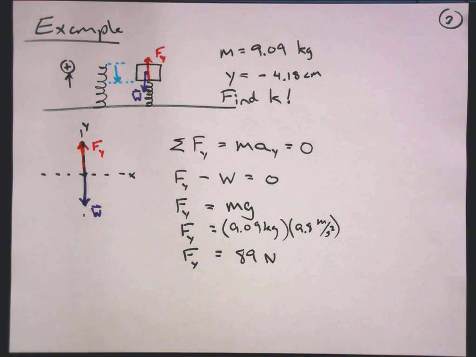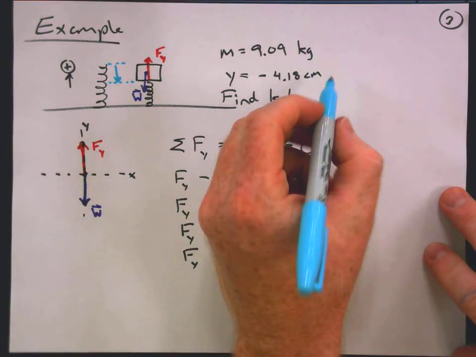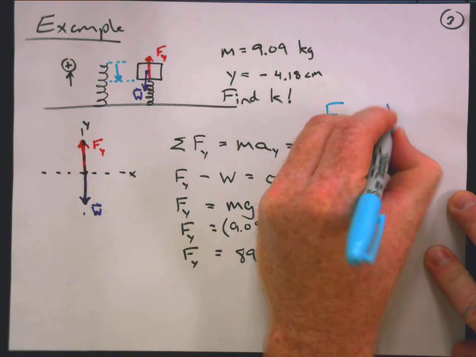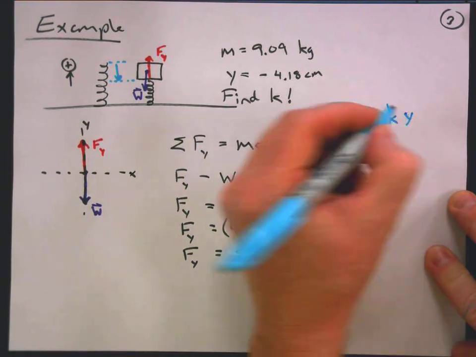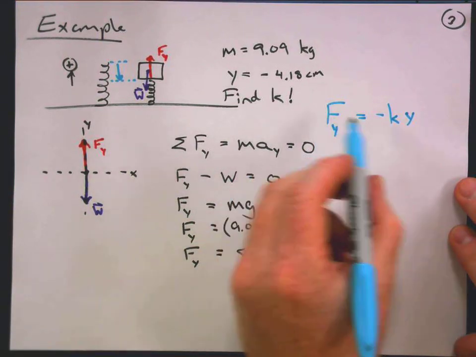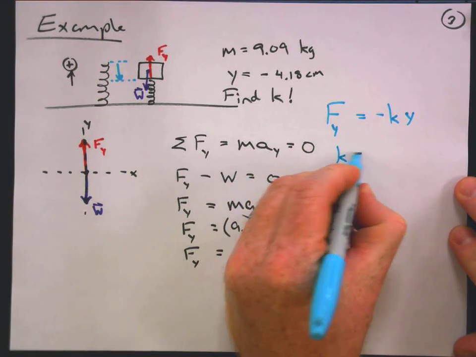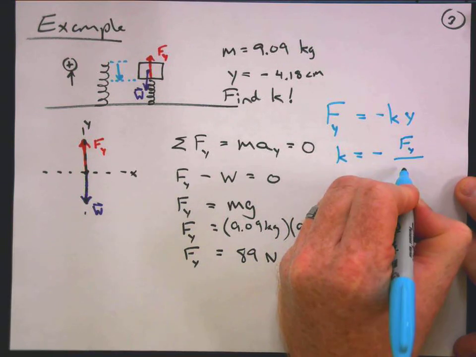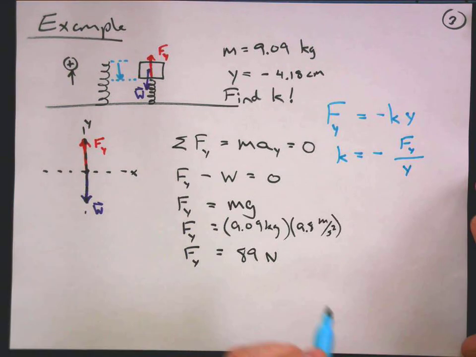Here's Hooke's law: force in the y direction equals negative k y. Remember, it's not x, it's just y, the up and down direction. Isolate this and solve for k. I get k equals negative force in the y direction divided by my displacement in the y direction. And I know those two numbers now.